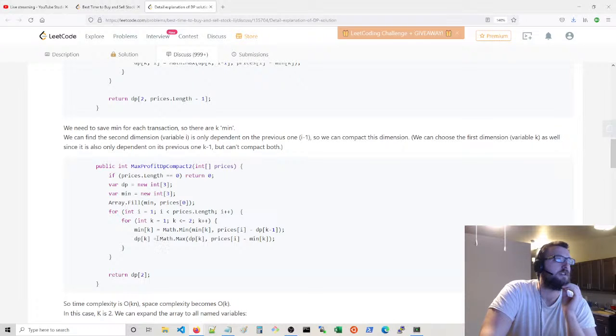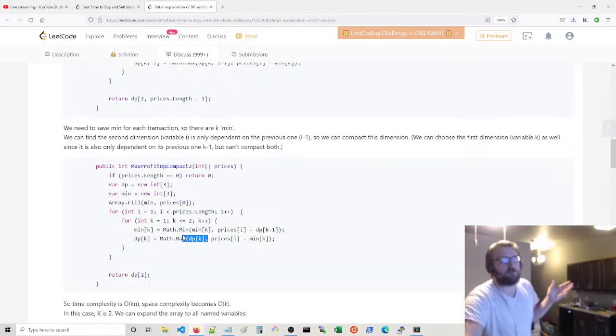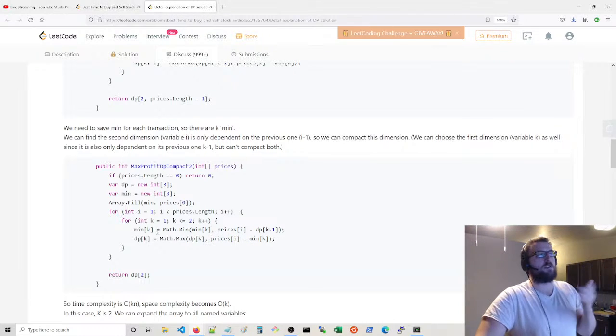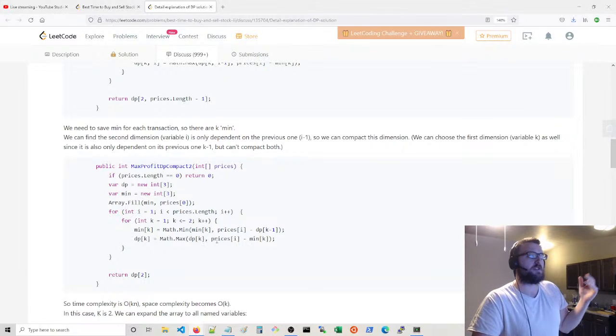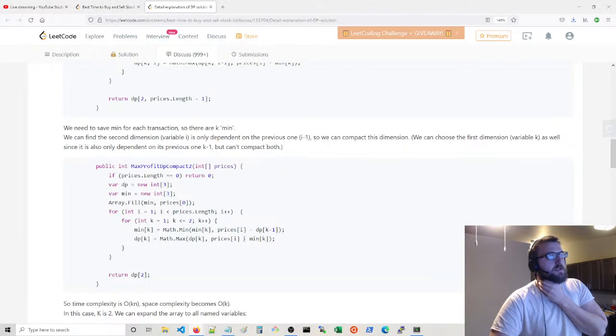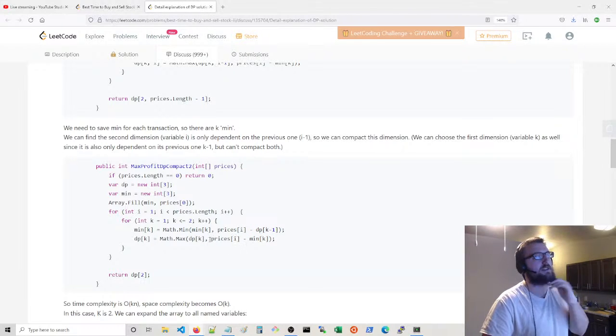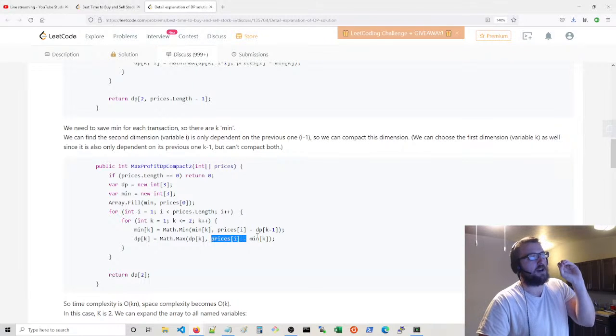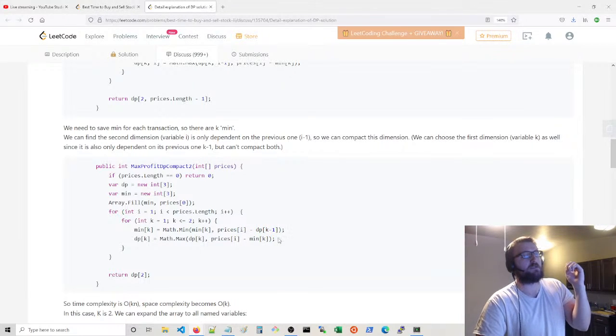But our dp of 1 did update. Our dp of 1 changed to what that price is, call it alpha. So dp of 1 is now alpha, and it has to change, because that's the whole point: dp of 2 might have an issue if dp of 1 changes. So it had to update to exactly alpha minus the previous minimum, or min 1.